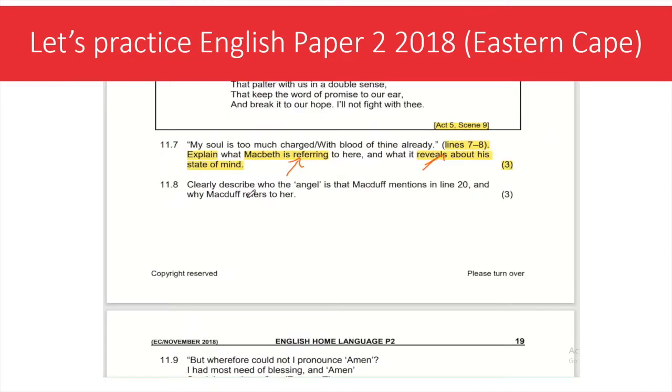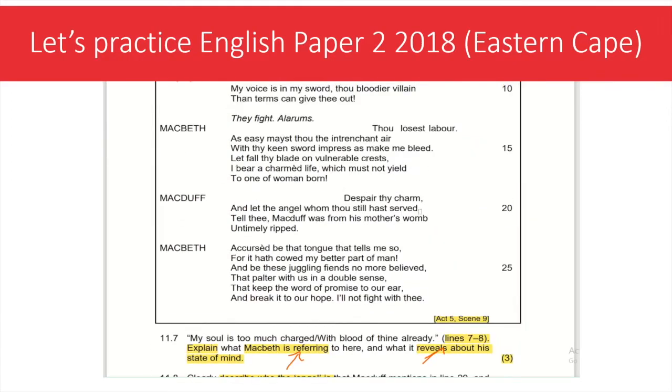Let's look at 11.8. Clearly describe who the angel is that Macduff mentions in line 20 and why Macduff refers to her, for a full 3 marks. So you are describing who the angel is, okay, and why he refers to her for 3 marks over here. So let's have a look in line 20. Despair thy charm, and let the angel whom thou still hast served tell thee, Macduff was from his mother's womb untimely ripped.